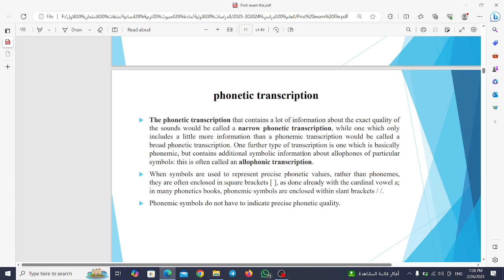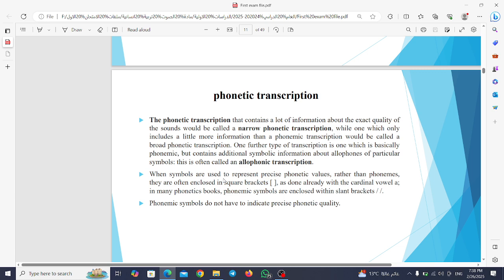One further type of transcription is one which is basically phonemic but contains additional symbolic information about allophones of a particular symbol. This is called allophonic transcription. This includes a little more information than the phonemic transcription.